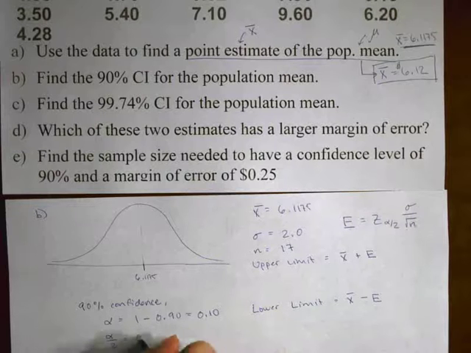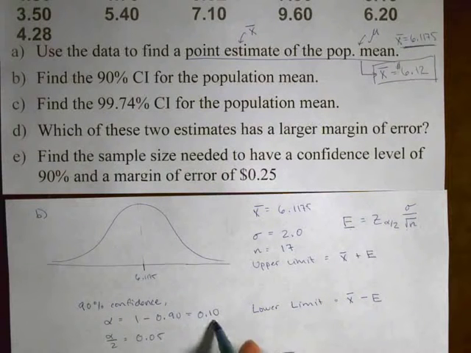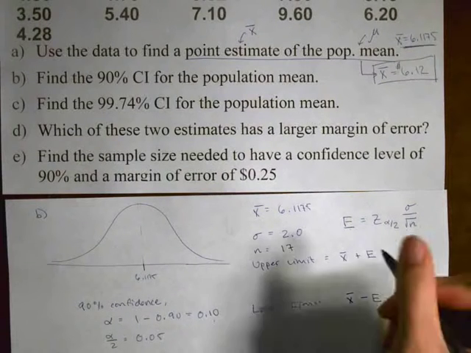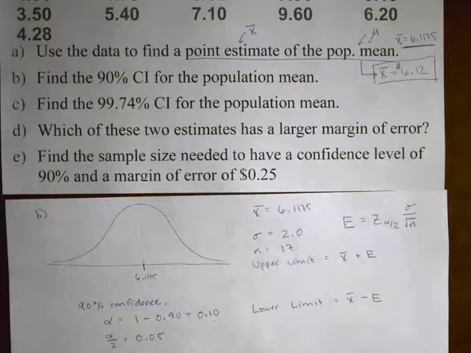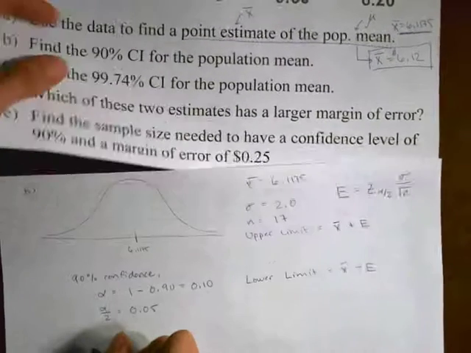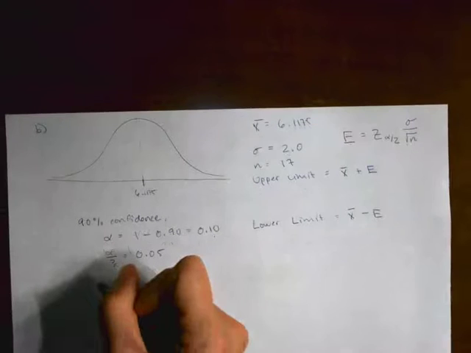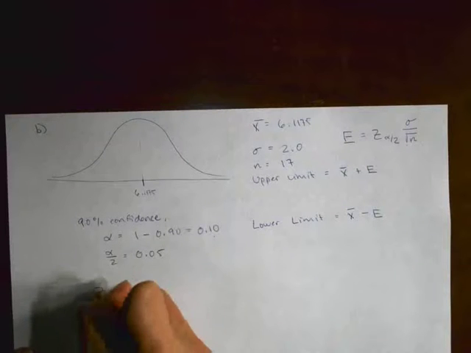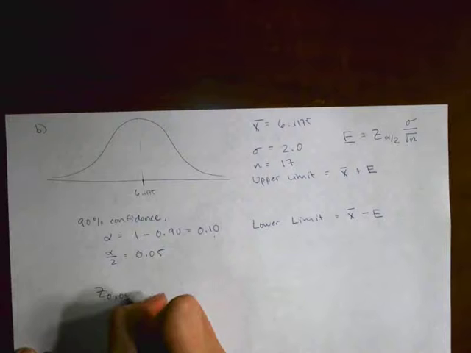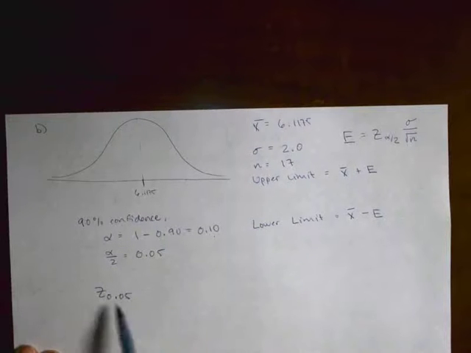So alpha is 0.10. Alpha over 2 is 0.05, 0.1 divided by 2. So we are going to look up in our table and look for Z of 0.05.